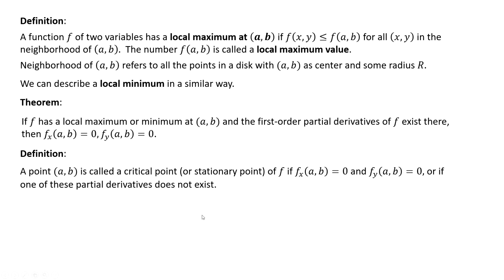What do you mean partial derivative does not exist? Yeah, for instance, let's say there is a division by 0 issue. Then at that point the partial derivative does not exist because you'll be dividing by a 0. Right? That's the idea. Okay, so you would call them a critical point.